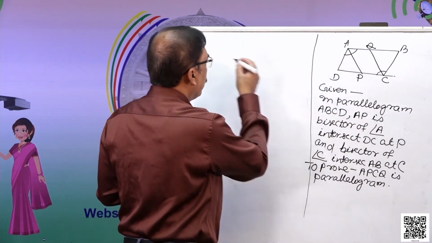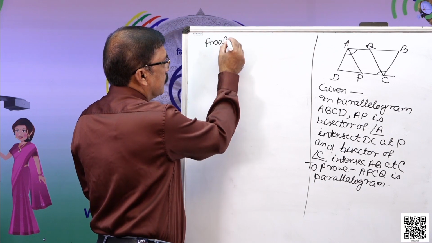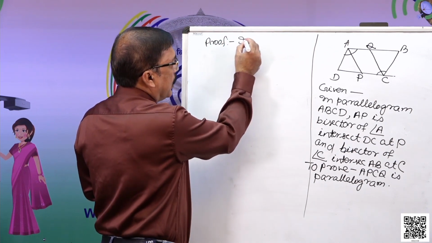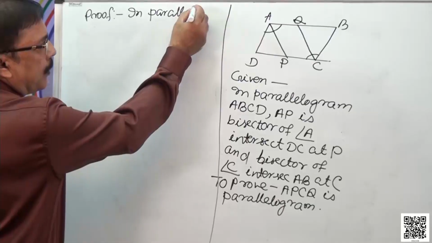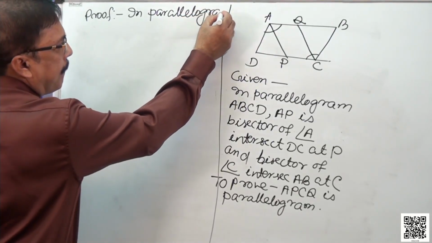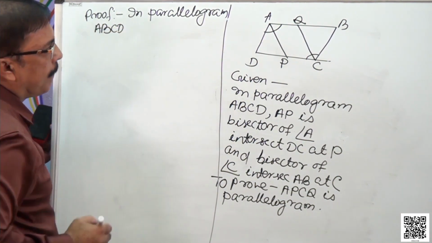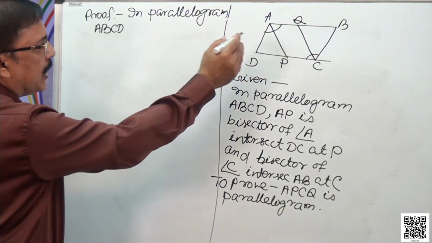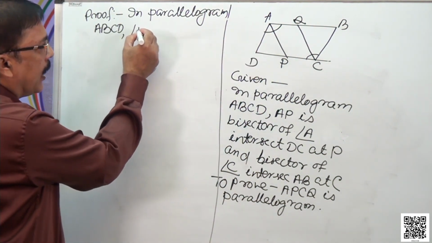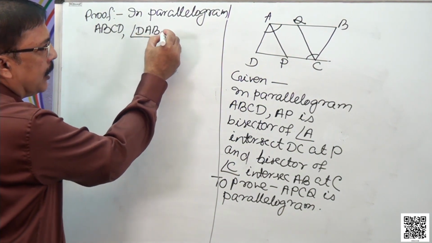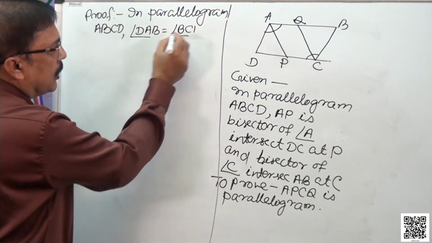As you know, in parallelogram ABCD, the opposite angles are A and C. So we can write angle DAB is equal to angle BCD.